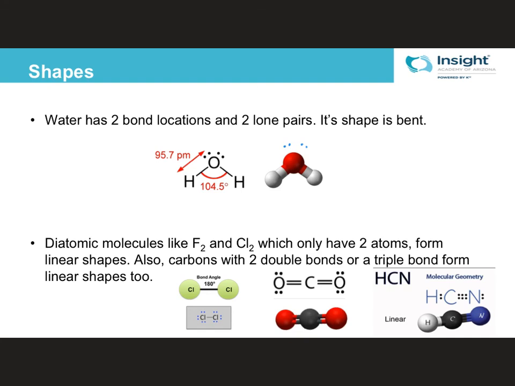Or if you have carbon with a triple bond, that'll get you a linear shape. So 2 double bonds or a triple and a single bond on carbon will also get you a linear shape. Again, you're just going to have to take notes here, have this stuff handy so that you can answer the questions when it asks you, which molecule would have a linear shape.